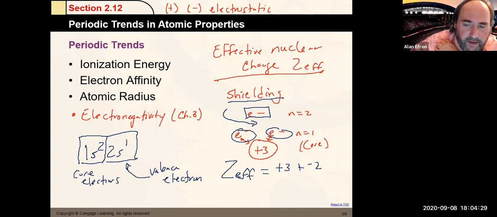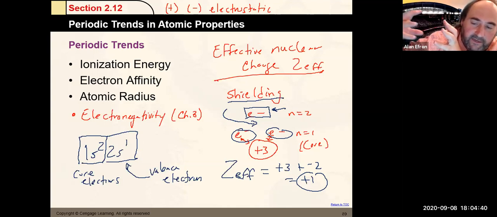So that's like a -2, -1 for each electron. What that essentially tells us is that third electron is only feeling like a positive 1 attraction to that nucleus, which obviously means it is not going to be held as tightly as those core electrons, which are closer to the nucleus.